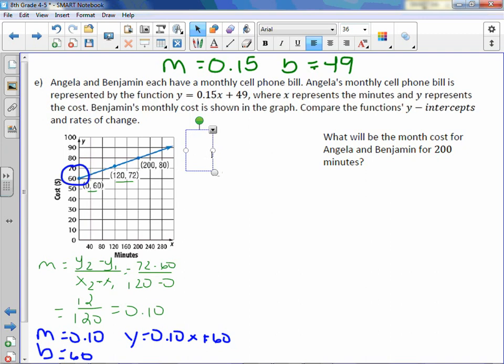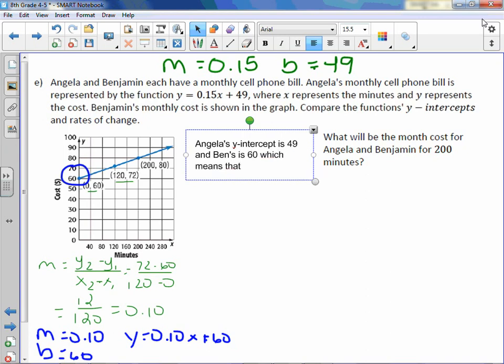We can say, let's make this a little bit smaller. Angela's y-intercept is 49 and Ben's is 60, which means that Angela pays a smaller initial cost than Ben.